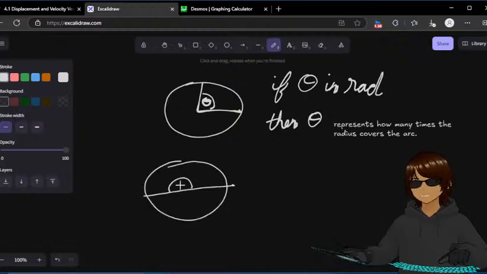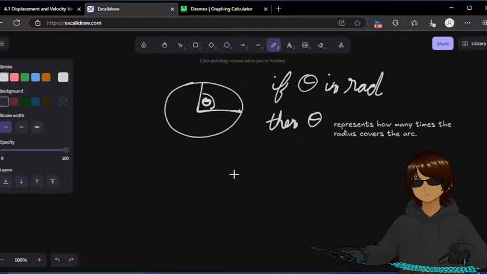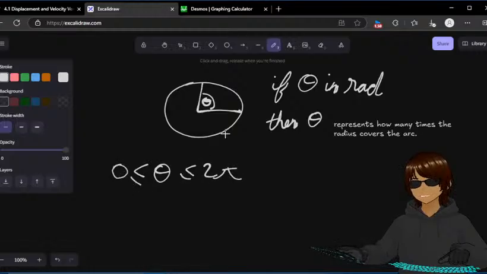So if theta is like this, then this arc over here is pi r. Theta varies from 0 to 2 pi, so the entire circumference is 2 pi r.